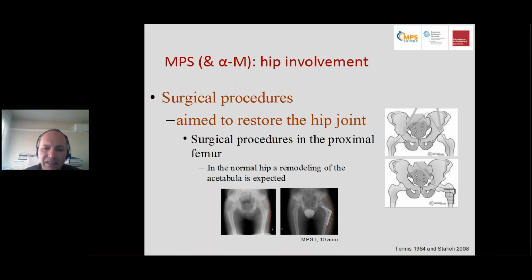So what can we do surgically for the hip joint? We can act on the femoral part. The femoral neck is straight, and we can do an osteotomy like this and put the femoral head inside the socket, like I did in this patient. Usually, when we do a procedure like this in a normal child, we expect a remodeling of the acetabulum, and this is not observed in MPS patients.